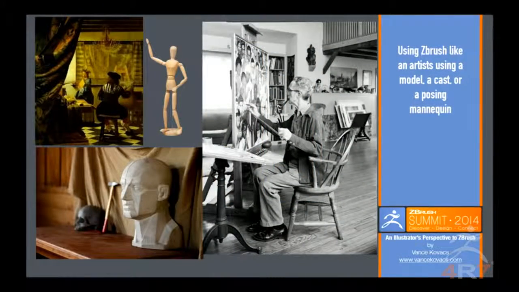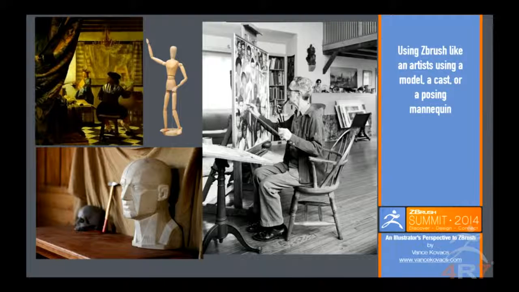So using ZBrush is like artists using a model or a cast or posing a mannequin. There were always those art mannequins you can get at an art store, and artists would pose them so you could see things in perspective, which I never used because there just wasn't enough information. It was too stiff and could never really get a dynamic pose. But ZBrush is like this gooey mannequin that I can move around.